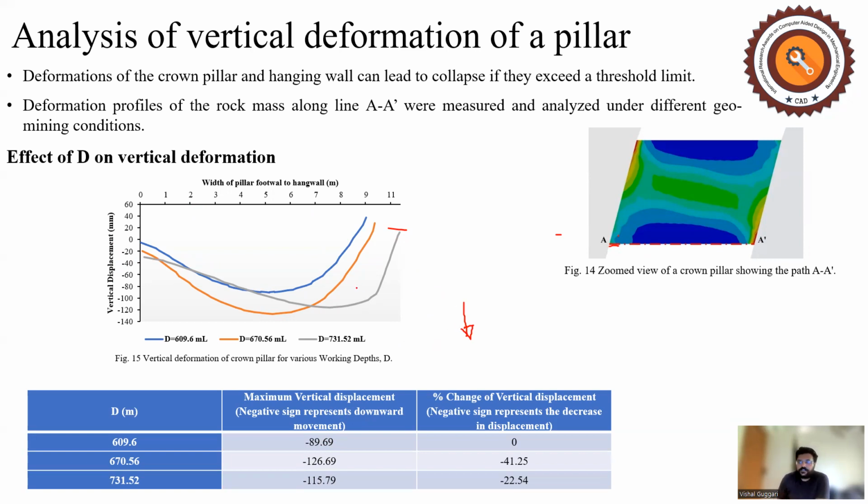As you go deeper and deeper, the deformation should increase. In this figure, you can see that as you go deeper, the deformation is also increasing. Here you can see from 609 meters to 670 meters, there is an increase in deformation by 41.25%.